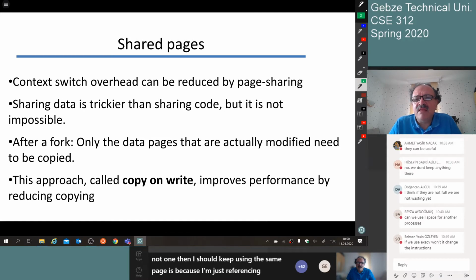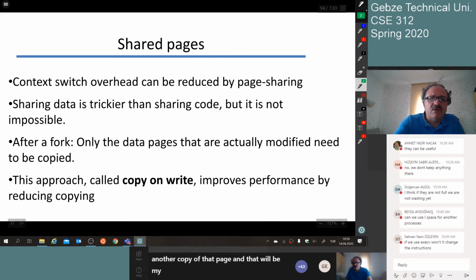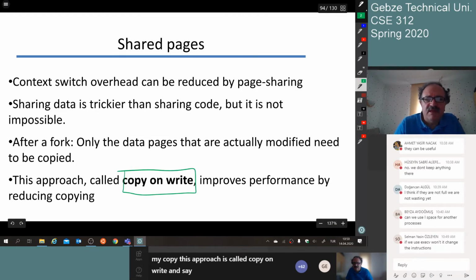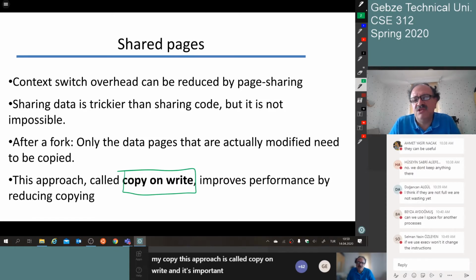As soon as I make my first modification, I copy that page, and that will be my copy. This approach is called copy on write, and it's an important technique to make efficient use of data between two processes. So even with the data, if we are careful, we can find some solutions.